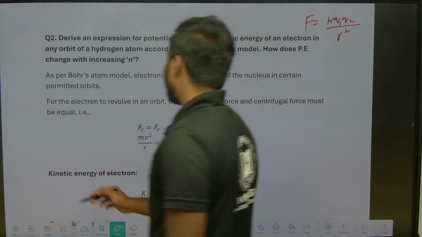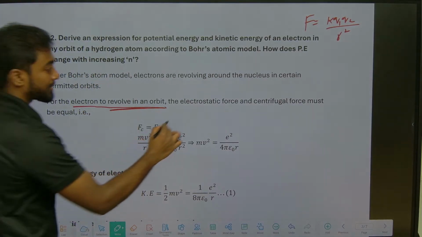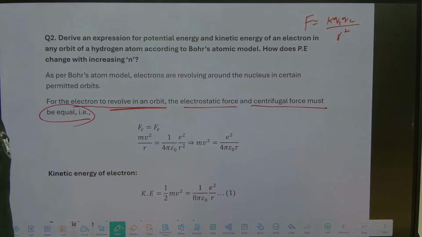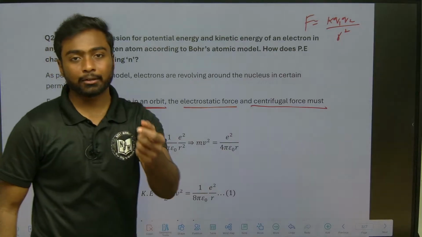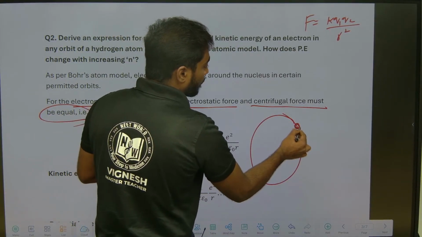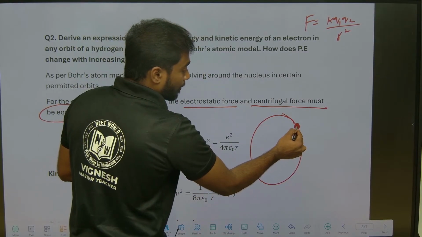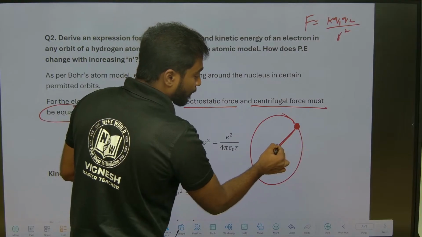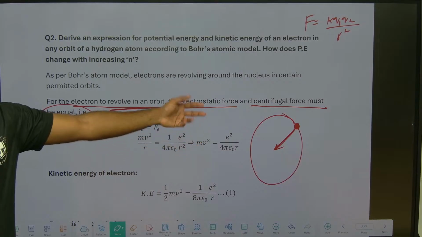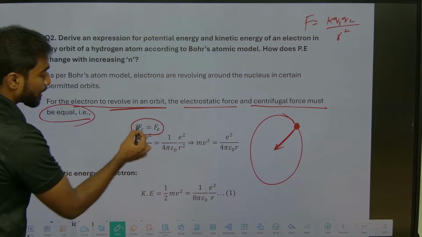And for the electron to revolve in an orbit, the electrostatic force and centripetal force must be equal. When we are talking about the electron, we are talking about the electrostatic force, and that electron keeps on revolving because of the centripetal force. So Fc should be equal to Fe.